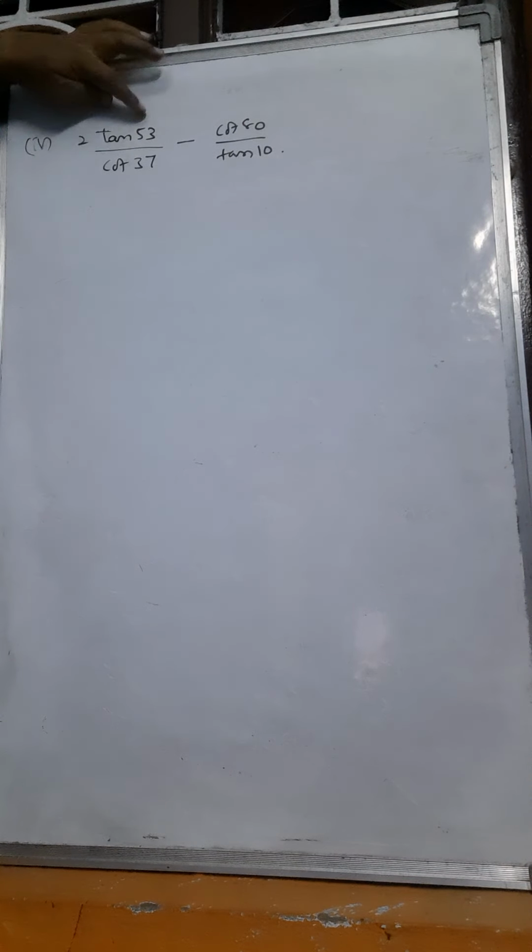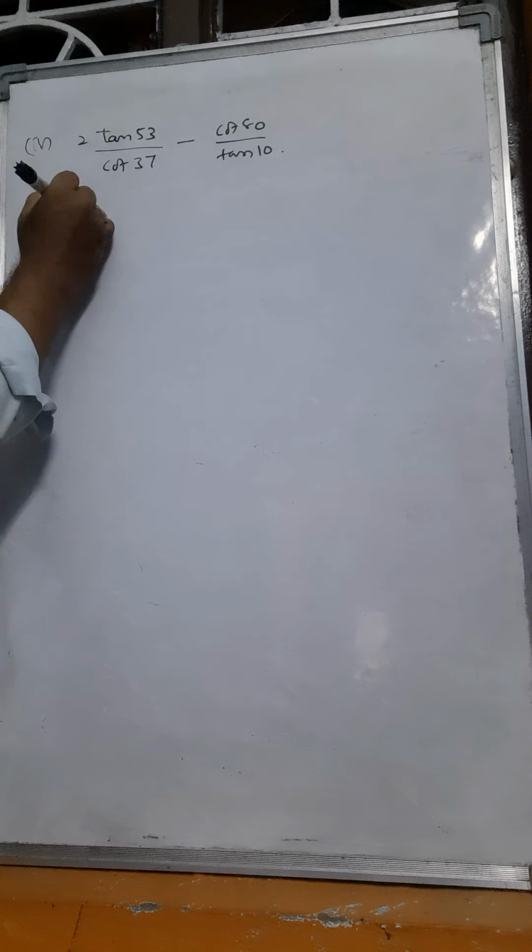Now 53 plus 37 is 90 degrees, so they are complementary angles. 80 plus 10 is 90, so they both are complementary angles.